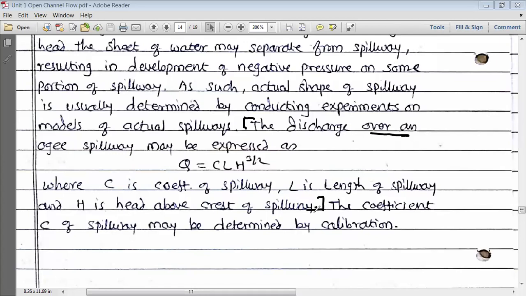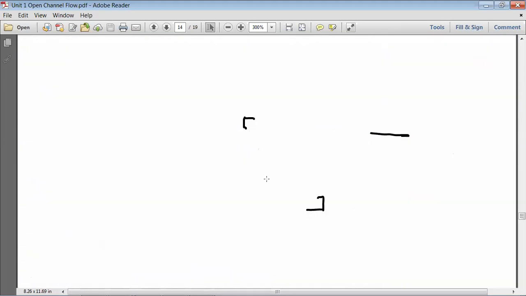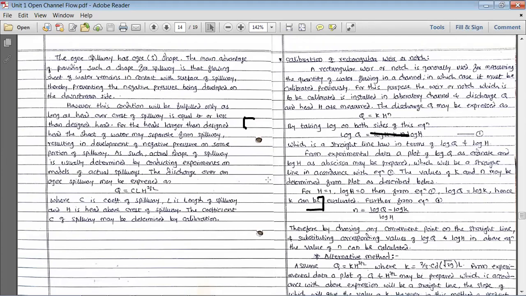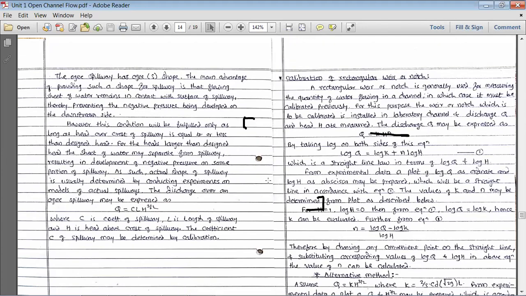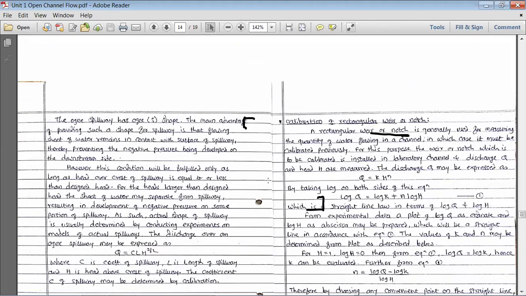The coefficient C of spillway may be determined by calibration. Last point here: calibration of rectangular weir or notch.